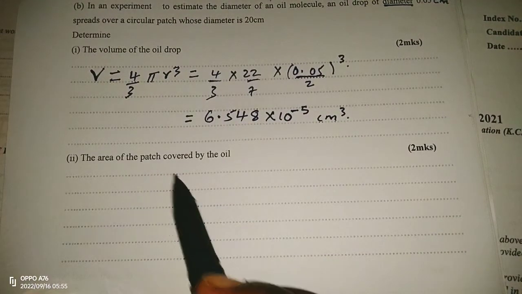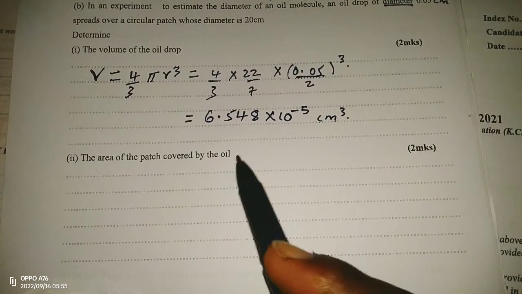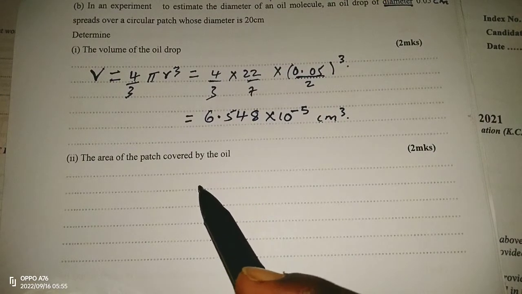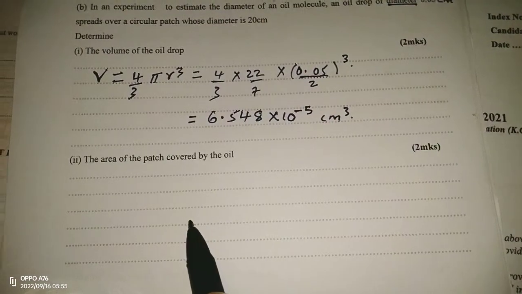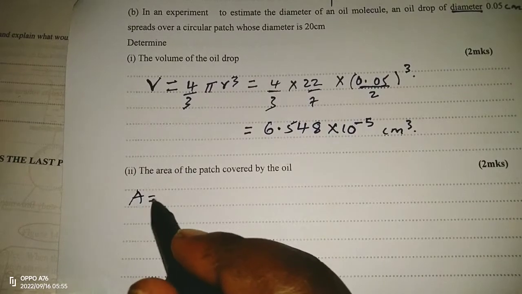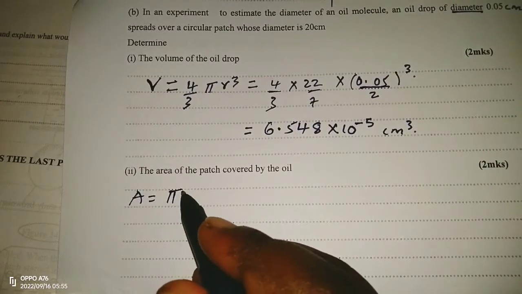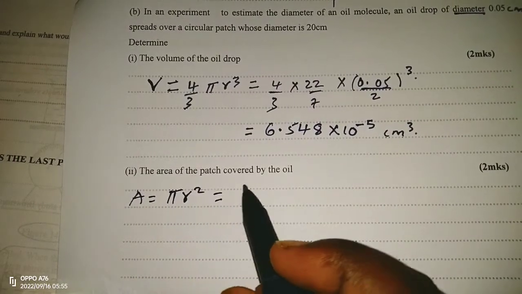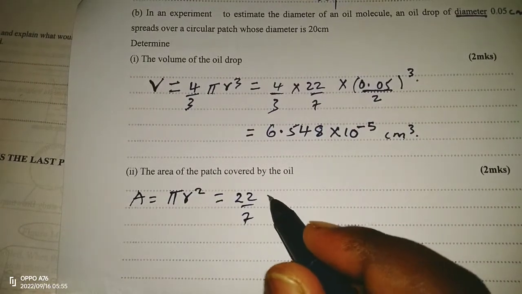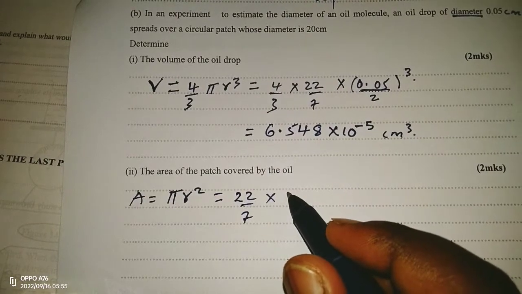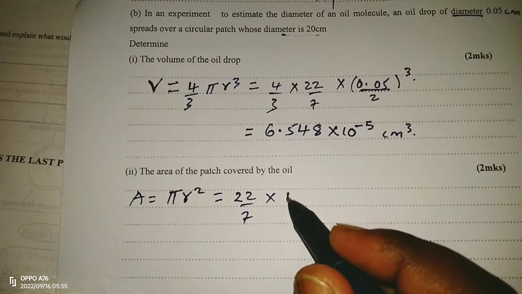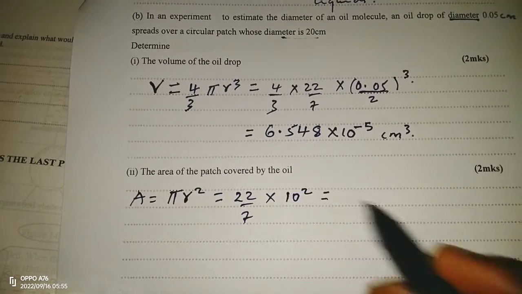Next, the area of the patch covered by the oil. Remember, when the drop is spreading, it spreads to a circular patch. Now that a circular patch has been formed, we can get its area. The area of a circular patch is pi r squared. So pi times r, which is from the 20 centimeters diameter, so r is going to be 10, squared.